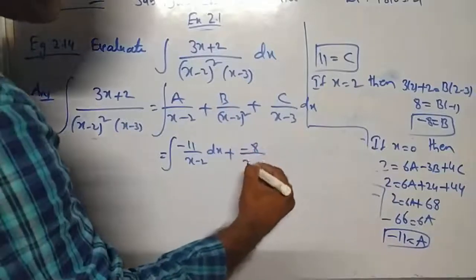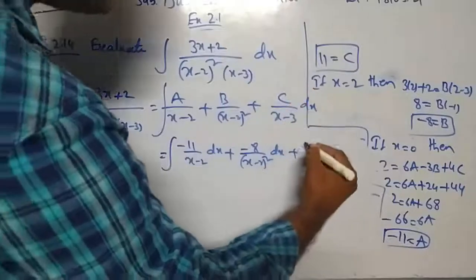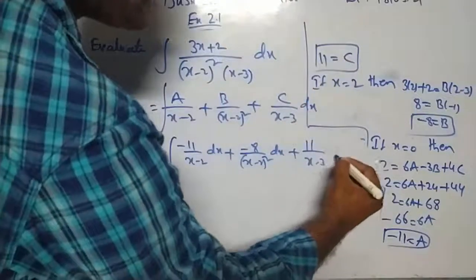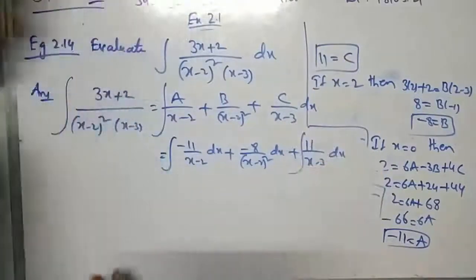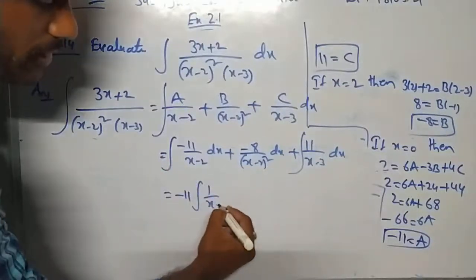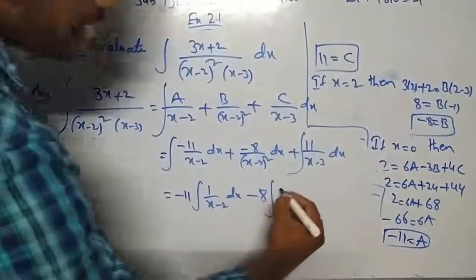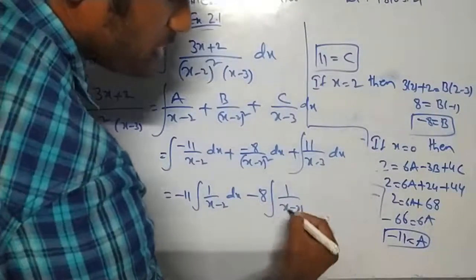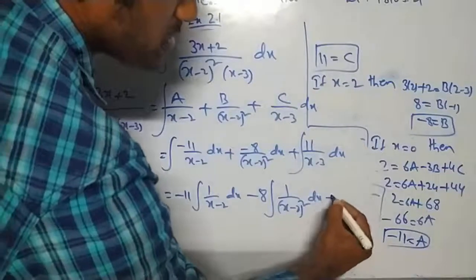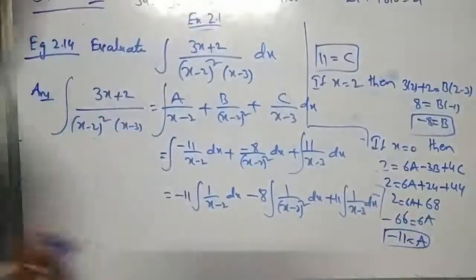Minus 8 by (x minus 2) whole square dx plus, what is c? 11 by x minus 3 dx. So minus 11 we can take outside: integral 1 by x minus 2 dx, minus 8 integral 1 by (x minus 2) whole square dx, plus 11 integral 1 by x minus 3 dx.